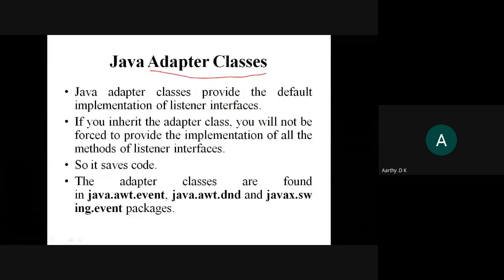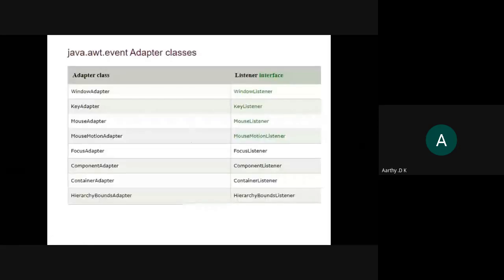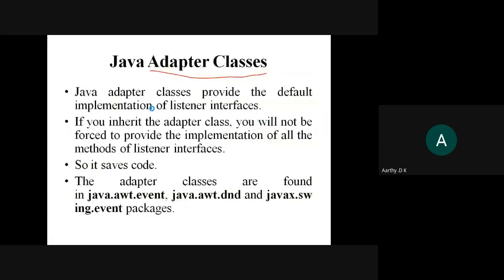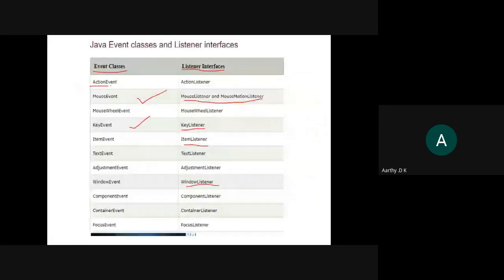If you import these adapter classes in your program, you can implement all the interfaces. All the interfaces that were available earlier can be implemented using the adapter class. So you will have the keyword adapter. Earlier you had it as event, action event, mouse event.